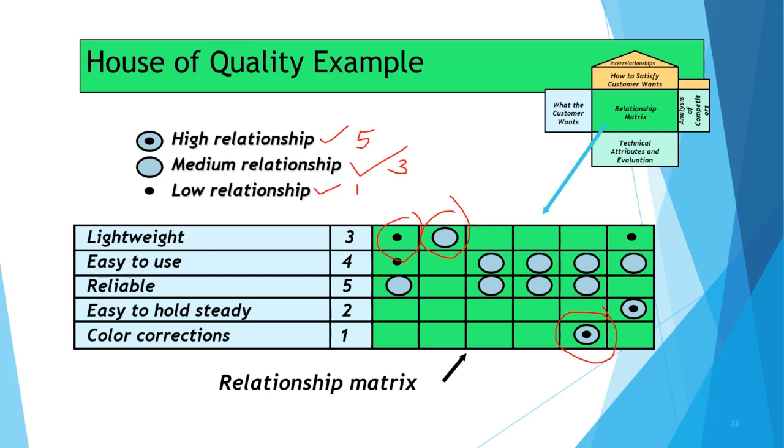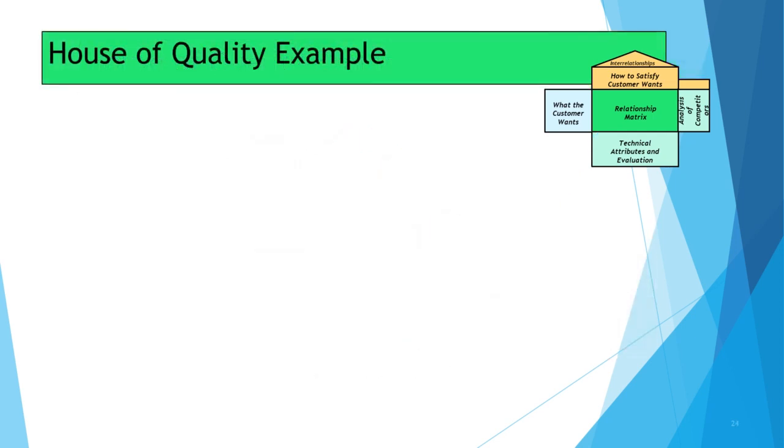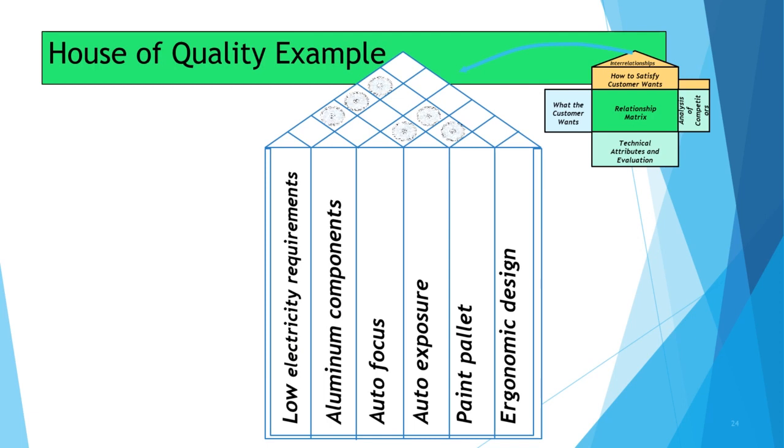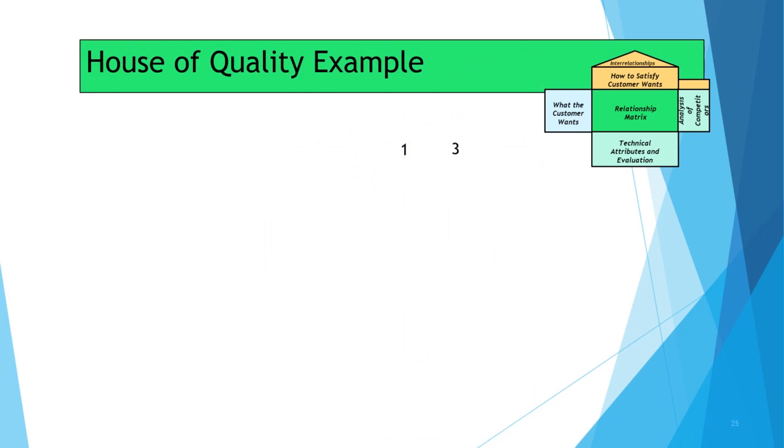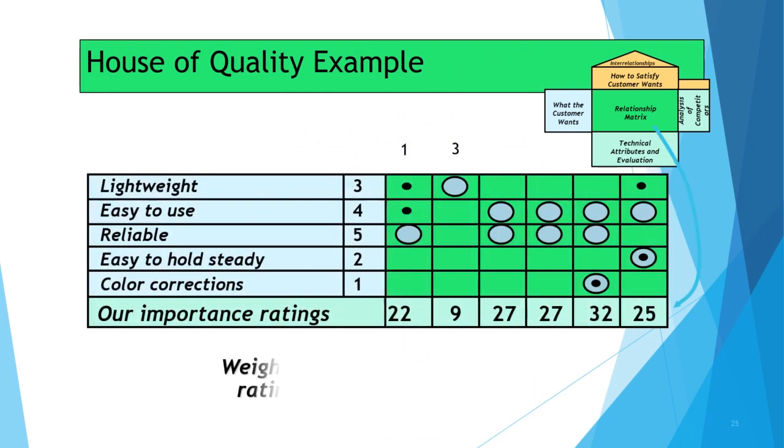So how to calculate? Okay, before that, then comes the interrelationship. Interrelationship means how low electricity requirements is related with the other sections. So in this way, how it is related with the other sections. See here, which we already mentioned, this means 1, this means 3, and this means 5.